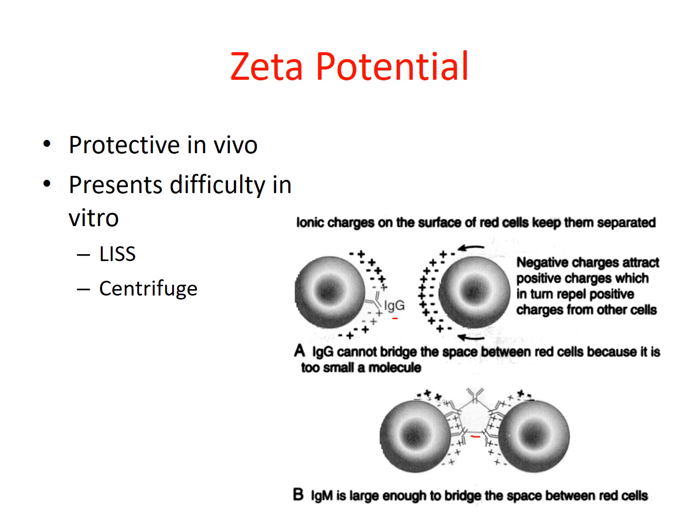But you can see IgG is engulfed by this zeta potential. And so on its own it wouldn't be able to form a lattice between these two cells unless we can overcome that zeta potential. And we do that mechanically by centrifuging, forcing the cells close together. And we do that chemically by using low ionic strength saline.